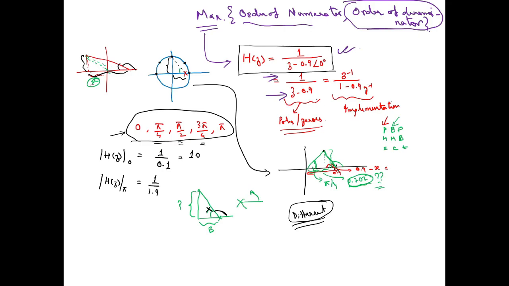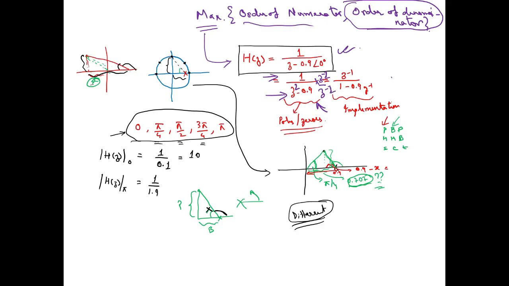Now, how to convert this equation to the z inverse equation? First, you have to find out the order of the system, and then z to the power minus of that order. In this case, the order is 1, hence we multiplied the numerator and denominator with z to the minus 1. If it would have been, say, z square minus 0.9, then this would have become z to the minus 2 divided by z to the minus 2.